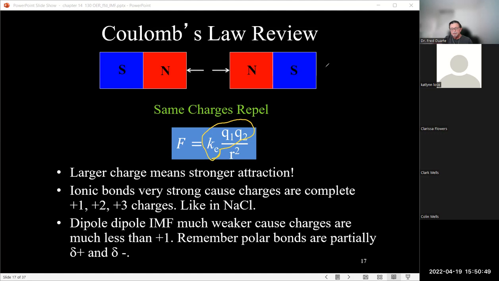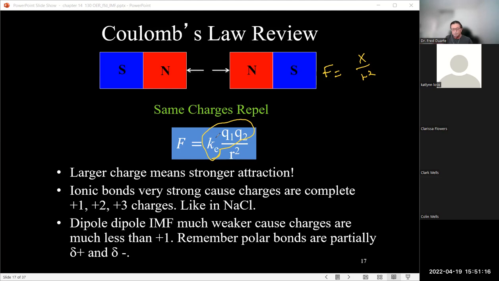So my simplified equation is force equals X divided by R squared. I'm going to keep Q1 and Q2 constant, and K stays constant, so I can combine all that into one big constant. We're not going to do anything to that. The only thing we're going to change is R, the radius between the two charges.